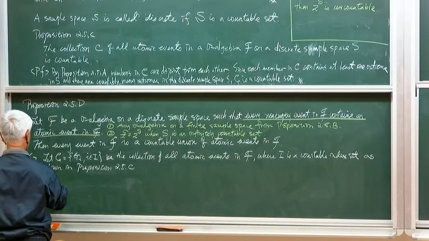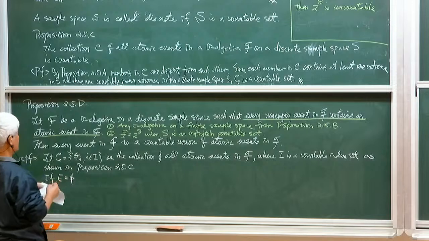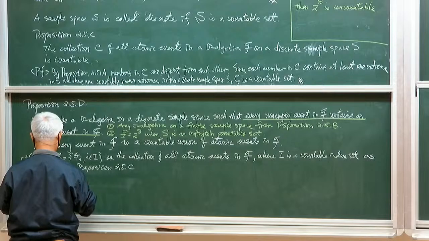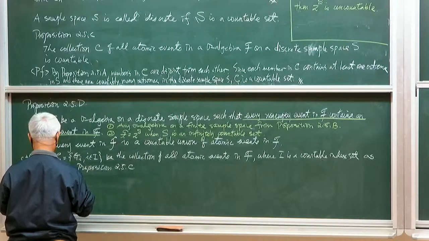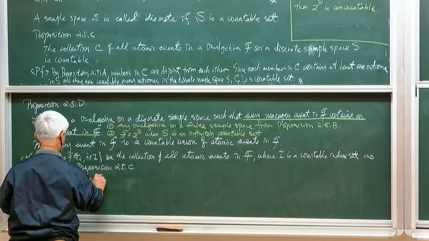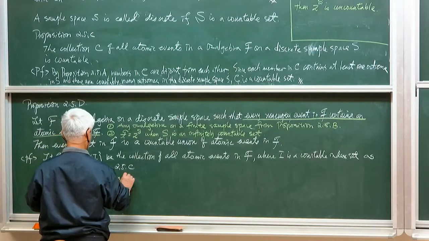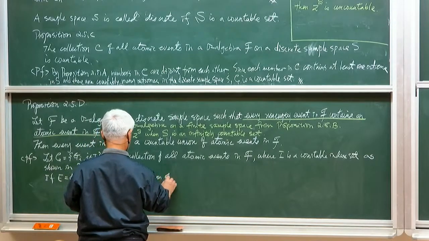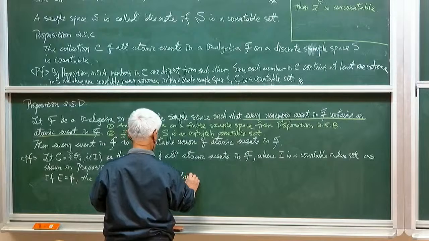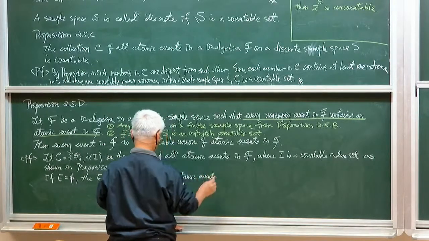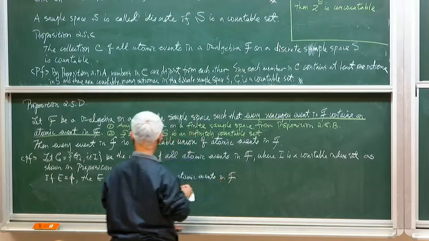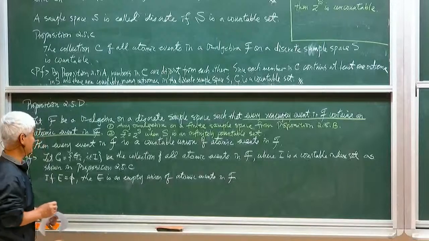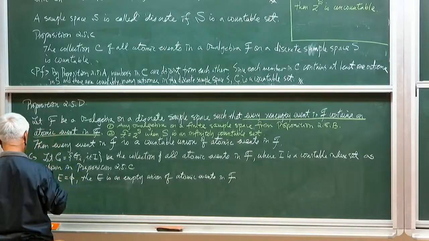Now, if E is the empty set, the null event, then E is an empty union of atomic events in F. An empty union is still a countable union. So this is a special case.